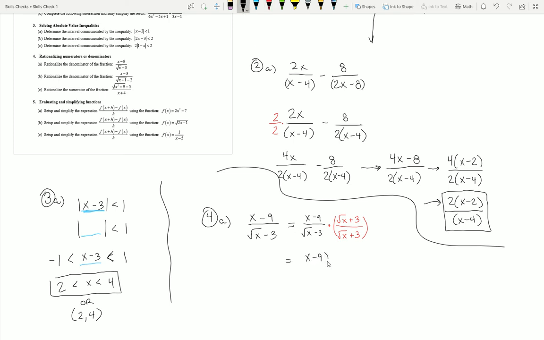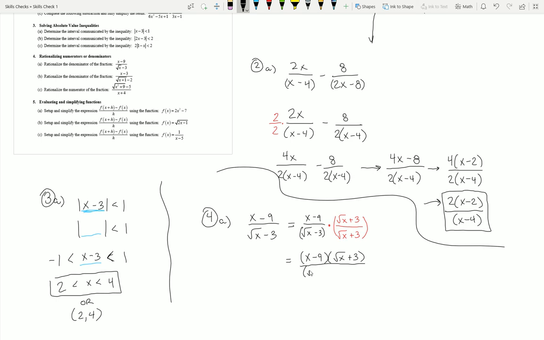So on the numerator here, I'm just going to leave what I have unmultiplied out. It's not really going to be worth my time because this question doesn't care at all what shows up in the numerator. I only care that the denominator is simplified. So let's take a look at the denominator. Notice that I have to do square root of x minus 3 times square root of x plus 3.